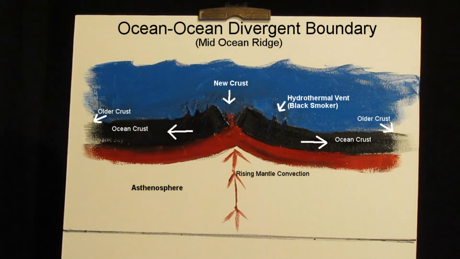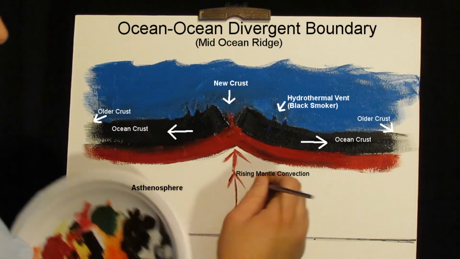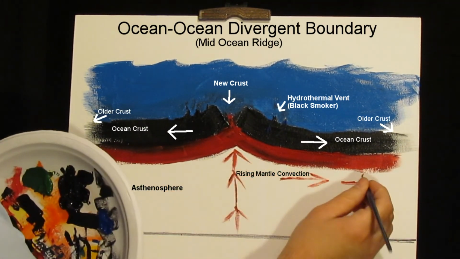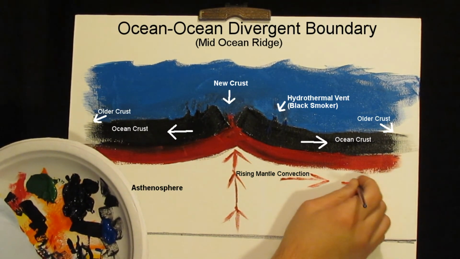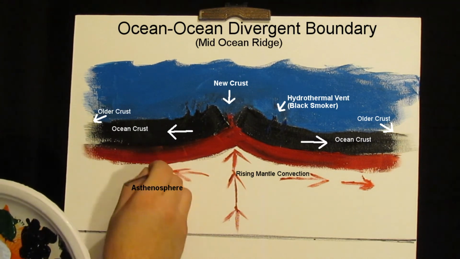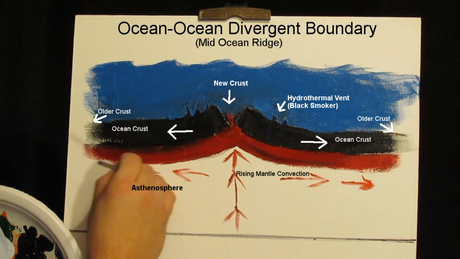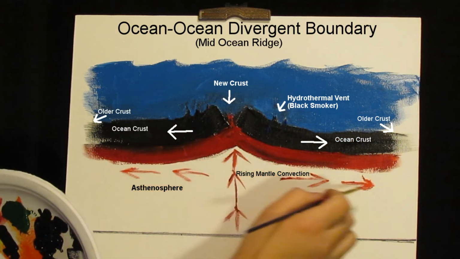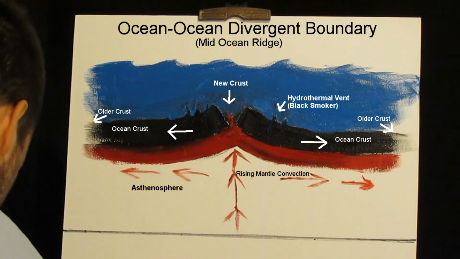We could add in red arrows underneath to help remind us that it's the convection current that's helping this process along. So we can put arrows on the oceanic crust as well as in the mantle underneath it.